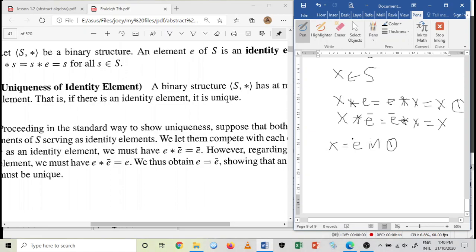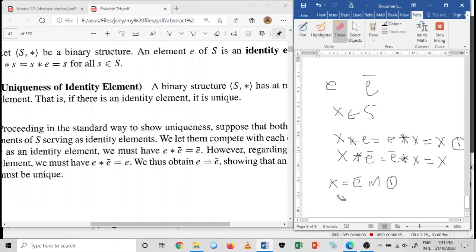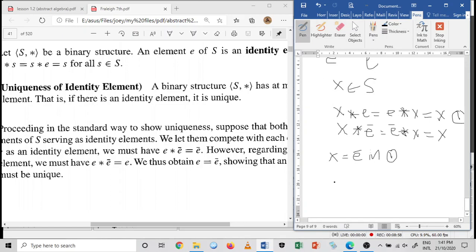Equation 1 then becomes E bar operation E, which should be the same as E operation E bar, and the result would be E bar.